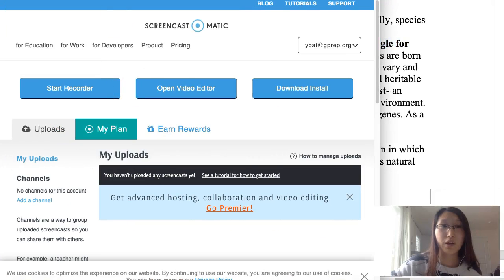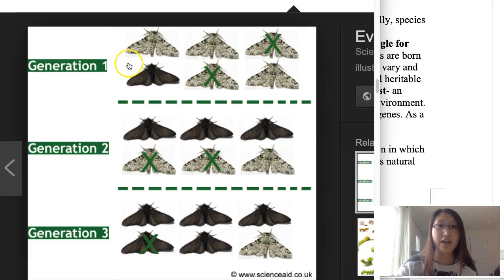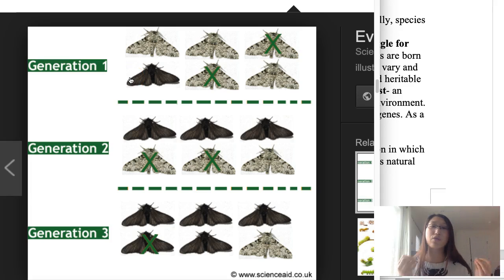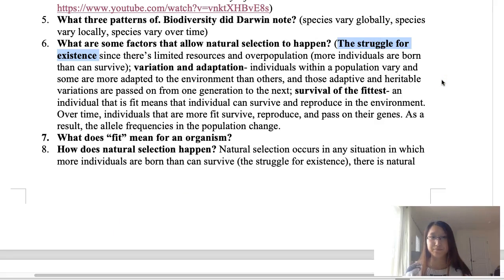If you remember this peppered moth situation, originally we had variations within the population of the gray moth and the dark moth. But then the result is, because of the struggle for existence, not every single one of these moths is going to survive and reproduce. So then over time, you're going to see this change in the traits.